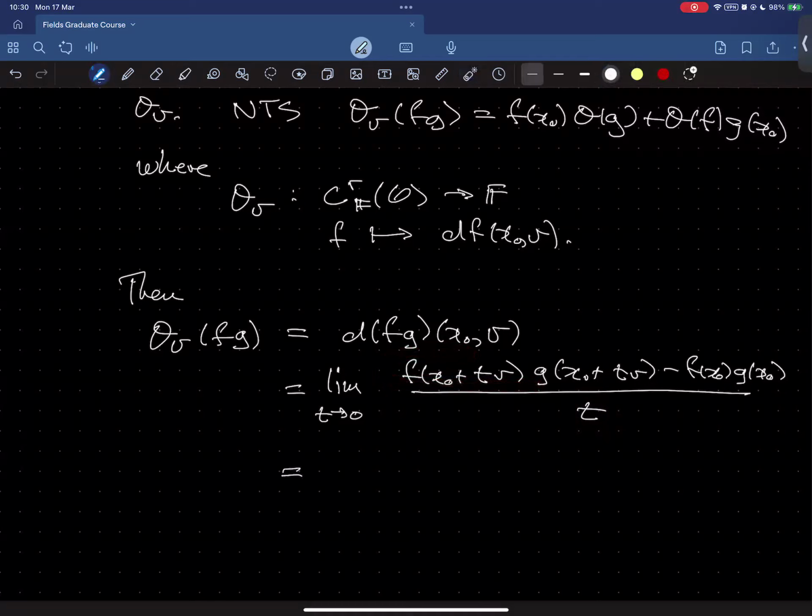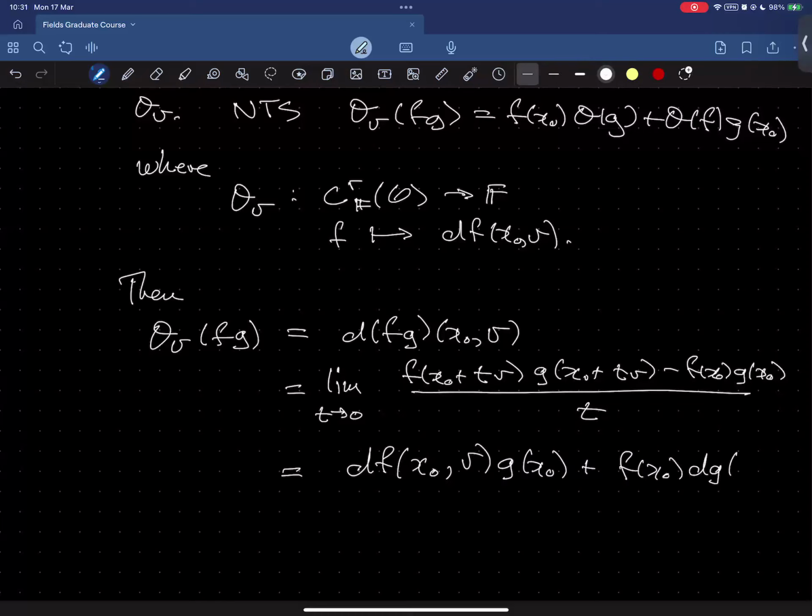Okay, so this is df of x naught, okay, so now I'm just using the normal product rule. V plus, sorry, g of x naught plus f of x naught dg of x naught v. Okay, product rule.